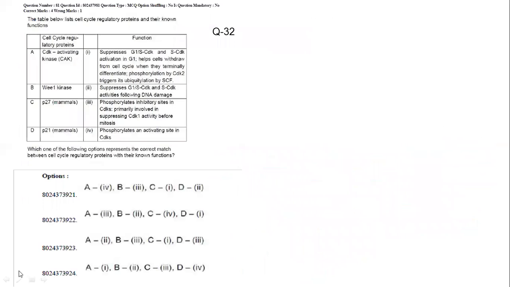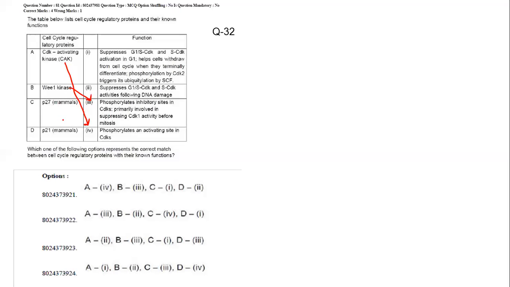Now, in the case of CDK activating kinase, this will be option 4. It phosphorylates an active site in the CDKs, or cyclin dependent kinases. In the case of Wee1 kinase, it phosphorylates inhibitory sites in the CDKs, primarily involved in suppressing CDK1 activity before mitosis.